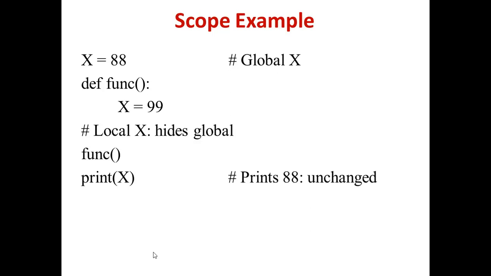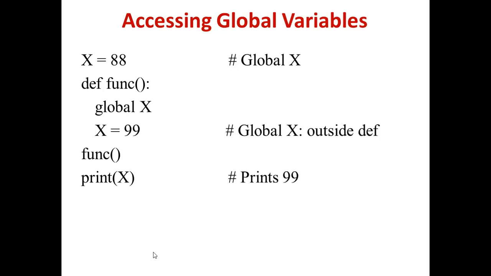When you print it outside, it prints the global. When you print it in the local, it prints the local value. So local x will be hiding the global. That is the rule, due to the LEGB rule it follows.